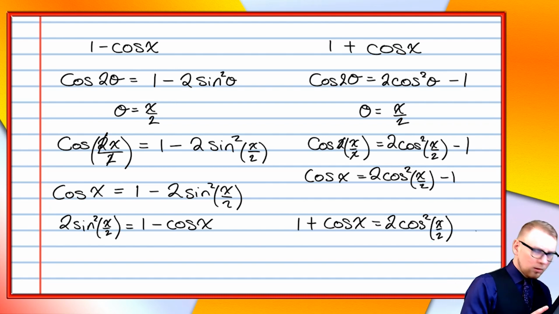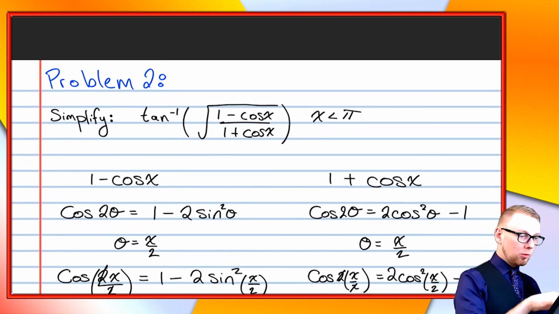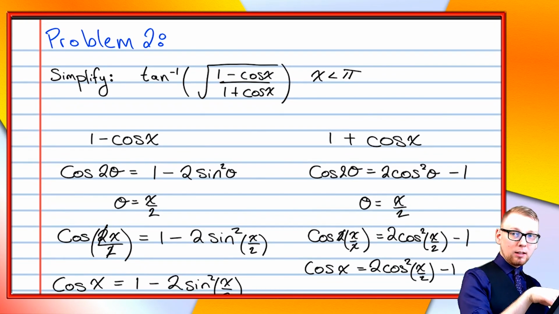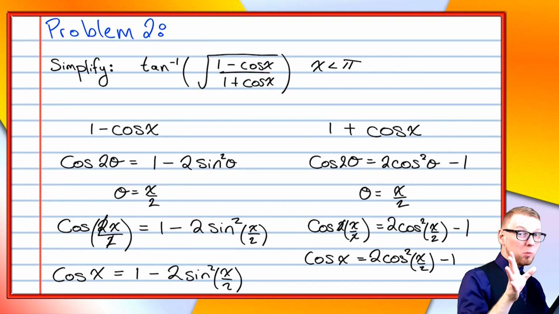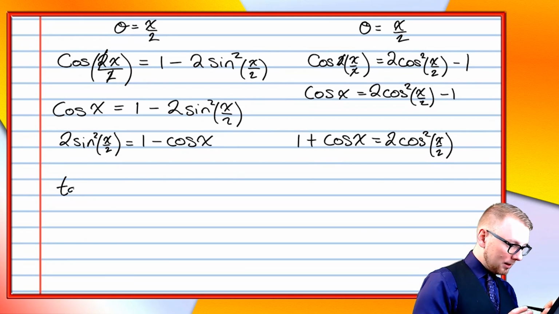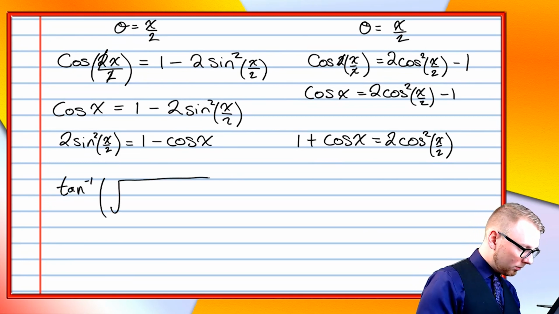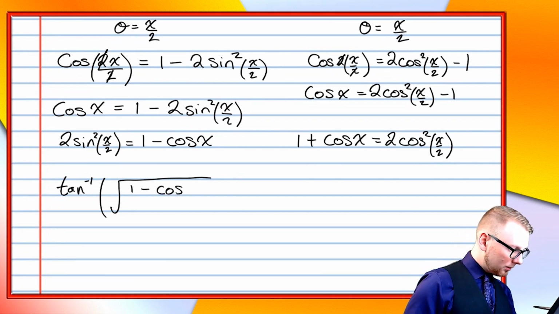Now we can replace our 1 minus cosine x and 1 plus cosine x with a couple values. Remember we had tan inverse of the square root of 1 minus cosine x over 1 plus cosine x.